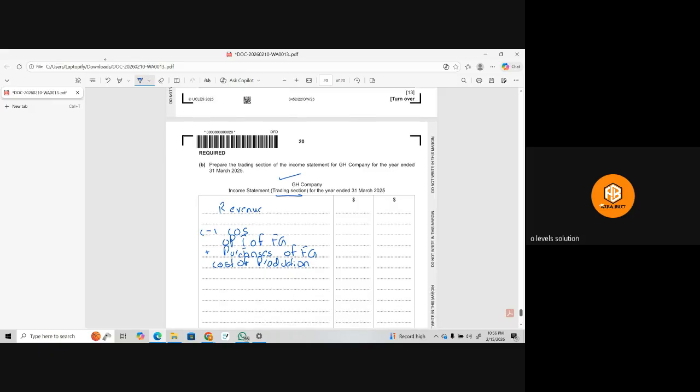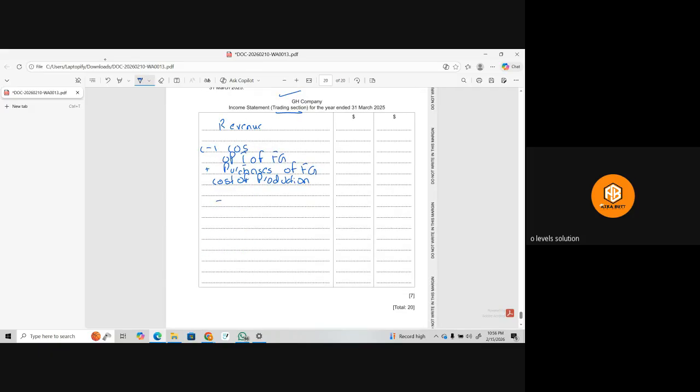And then we have to deduct the closing inventory of finished goods. After that, we will get the gross profit.